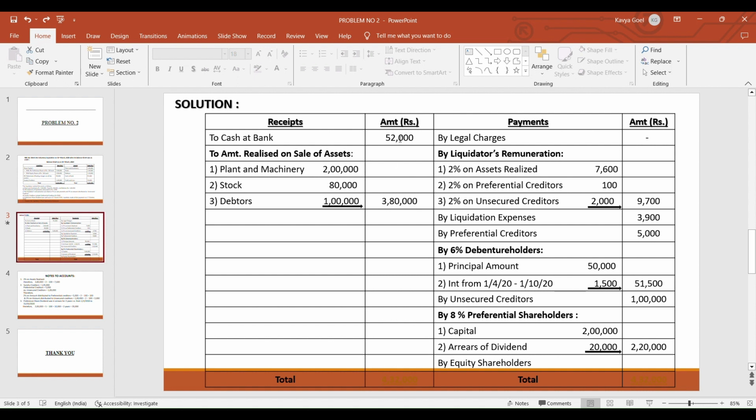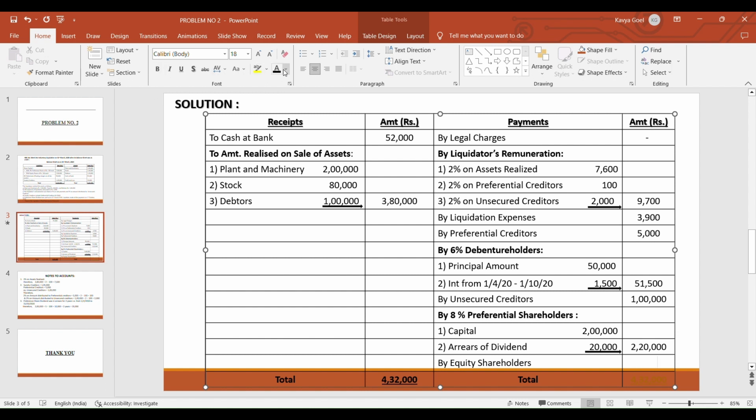So for calculating how much amount the equity shareholders will get, we have to total the receipt side, and the total will be 52,000 plus 3,80,000 is 4,32,000. Now, from 4,32,000, that is the total of the receipt side, we will deduct all the payments.